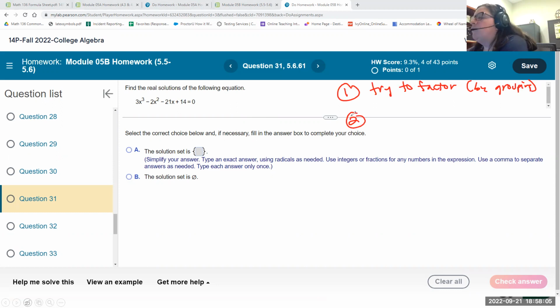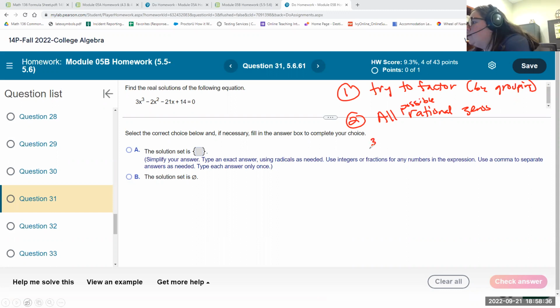The second thing, if it won't factor, is to determine all the possible rational zeros. Now, you're looking for all the real zeros, so they may or may not be rational, but the shortcut, the way to figure out what to test, is all possible rational zeros. I'm assuming, for sake of time, that as you're listening to this, or watching it again later, you have some idea of what these are.